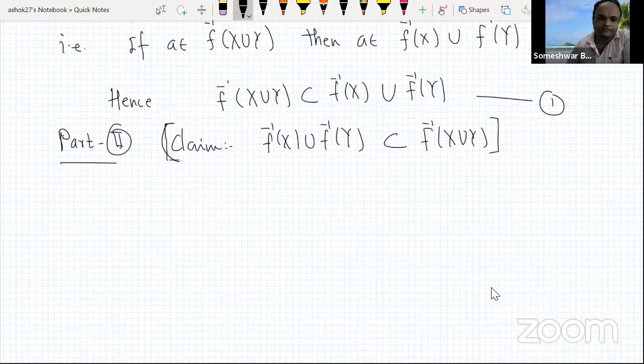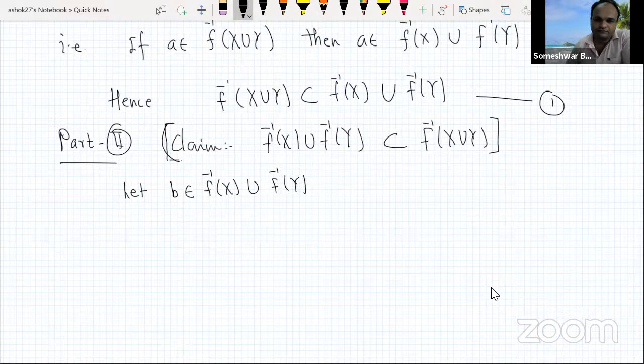Let's suppose I'm taking small b as an element of f inverse of X union f inverse of Y. Then what will it imply?